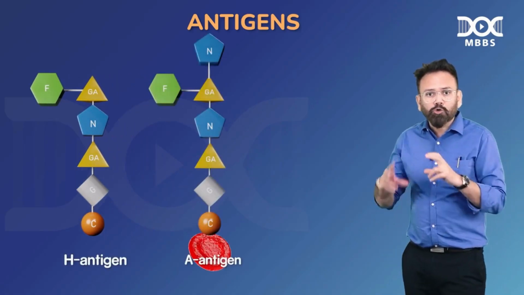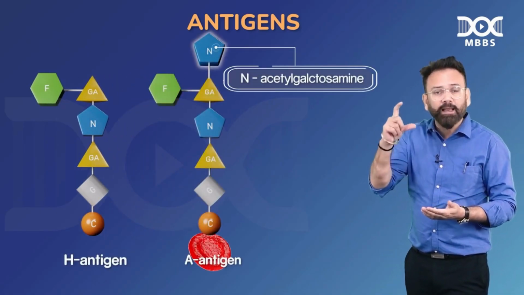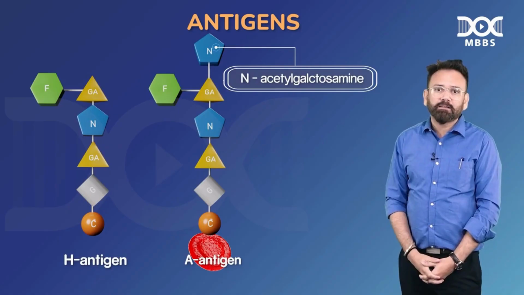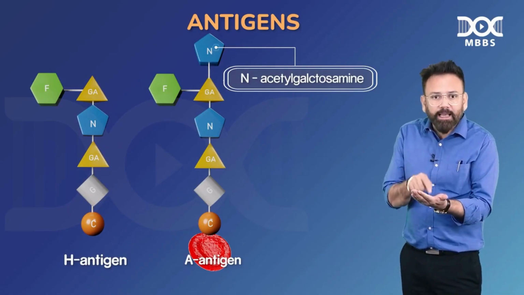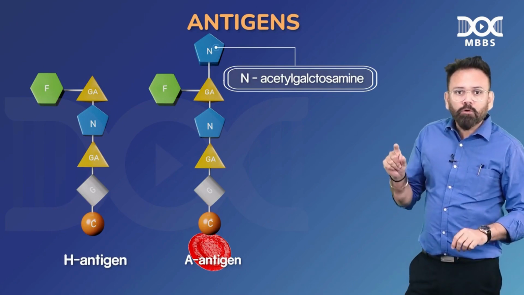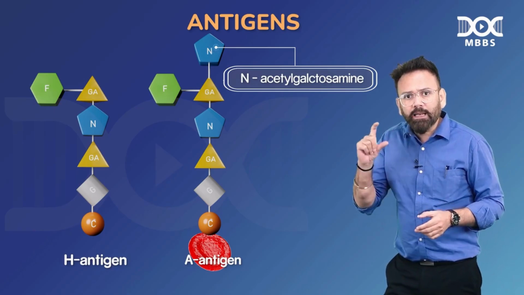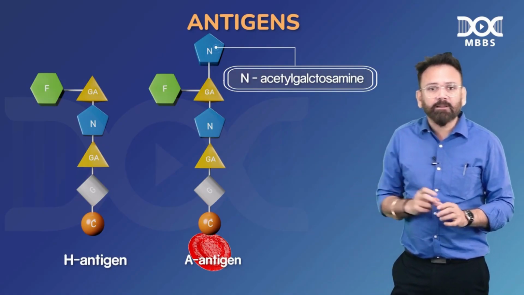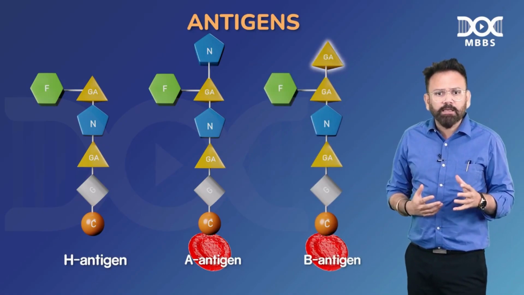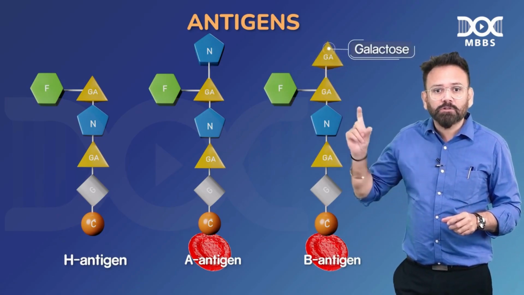So, A also expresses terminal N-acetyl galactosamine on this H antigen. So, H is there on A also. But this A blood group will have more what? This A agglutinogen will express terminal N-acetyl galactosamine on the H antigen. And type B will express a transferase that adds a terminal galactose.